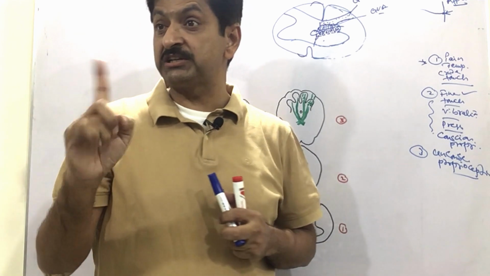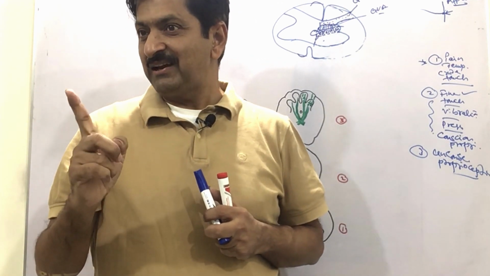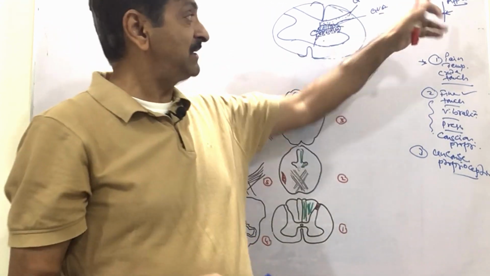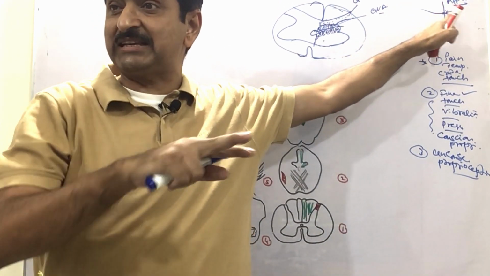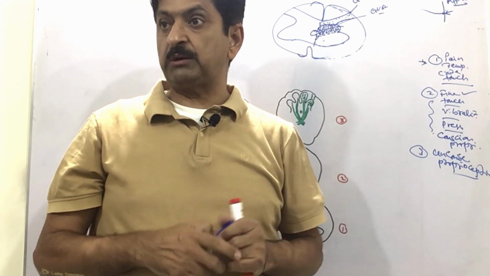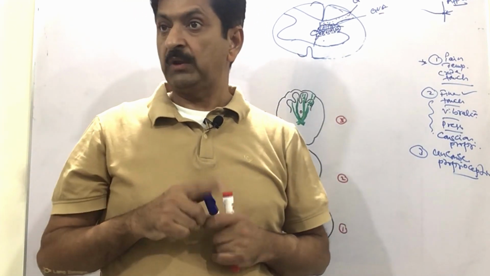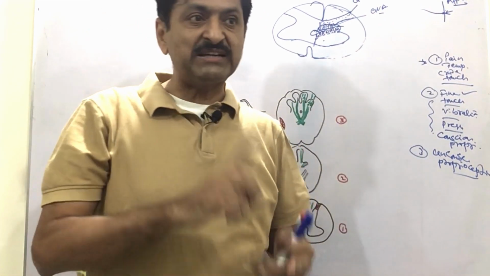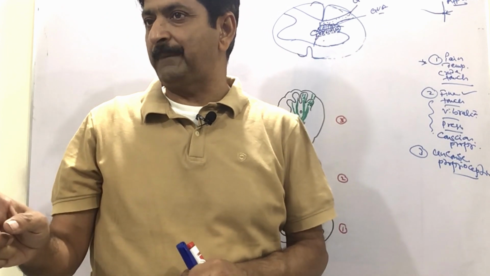Never call it the action potential. This is not an action potential. This is the receptor potential, or its name is the generator potential. That's why I sometimes compare the sensory receptor with the generator. It has a similar function, and the current is produced here. This is a graded potential, not an action potential. It depends upon the intensity of the stimulus.